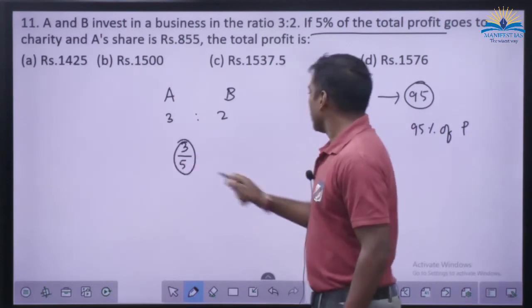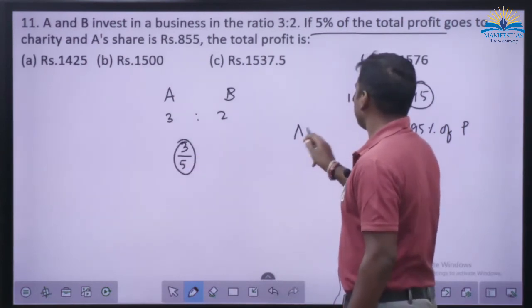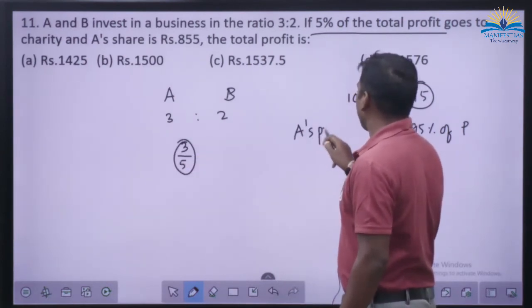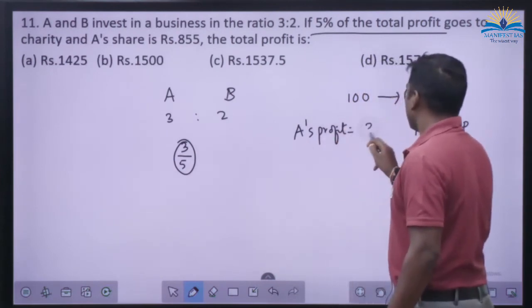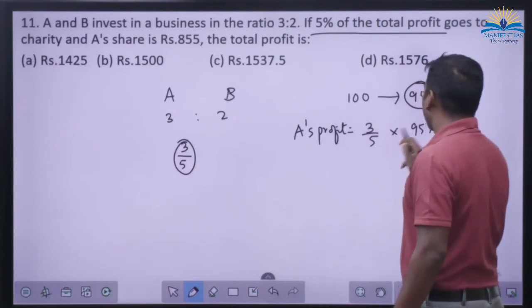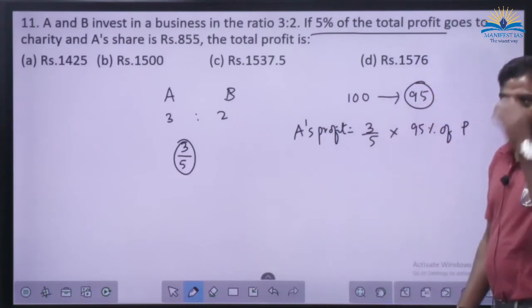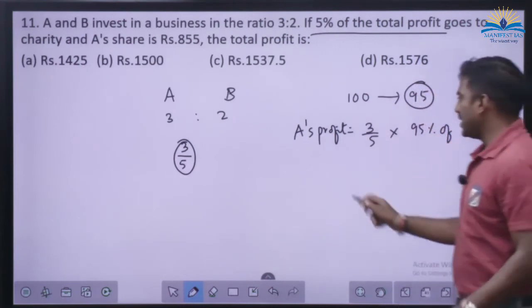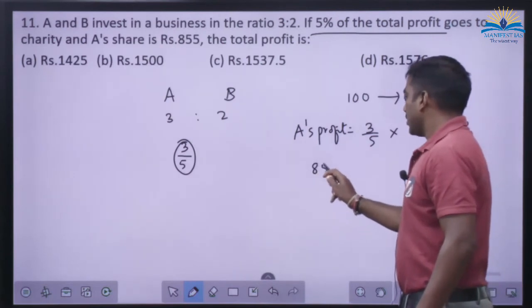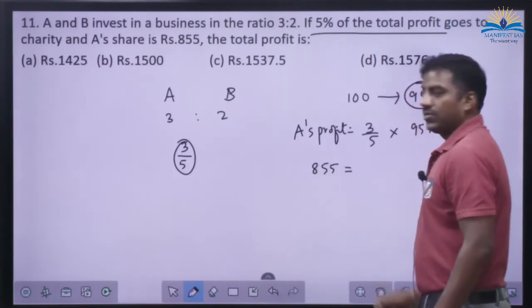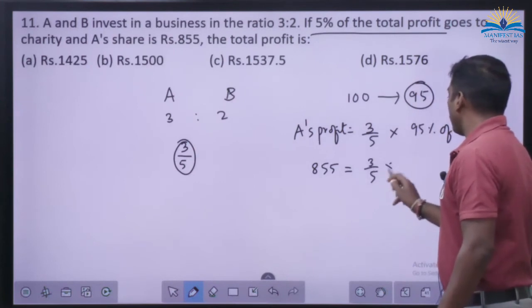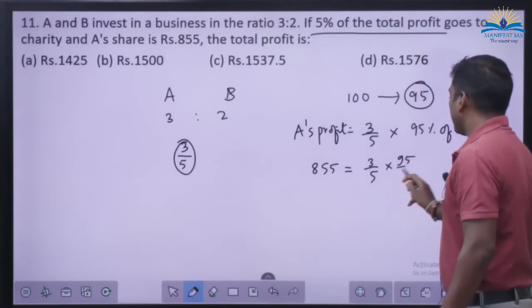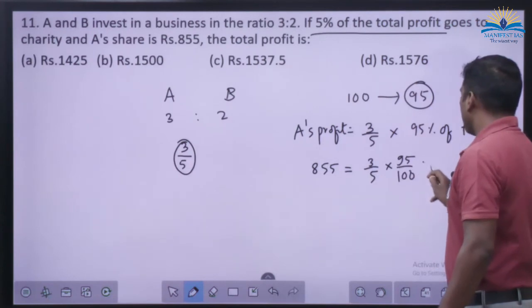So A's profit is equal to 3/5 of this shareable profit. So 855 is equal to 3/5 into 95/100 into P.